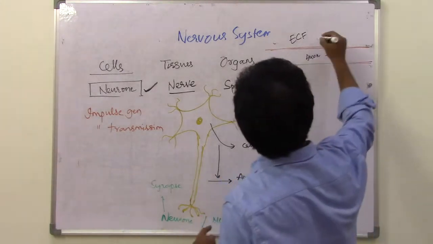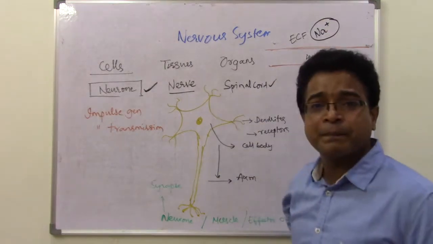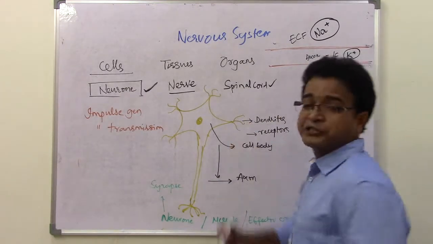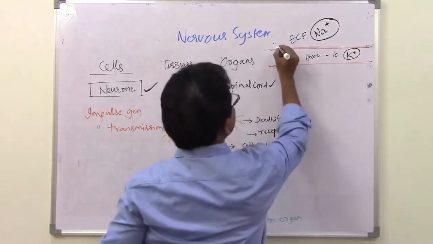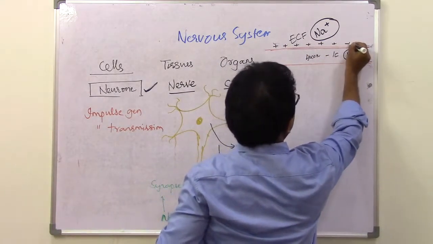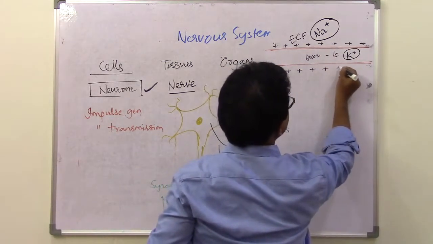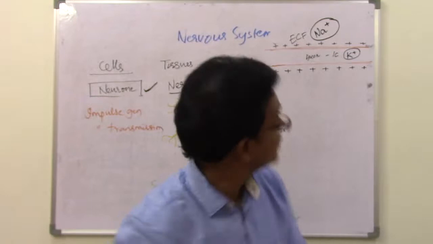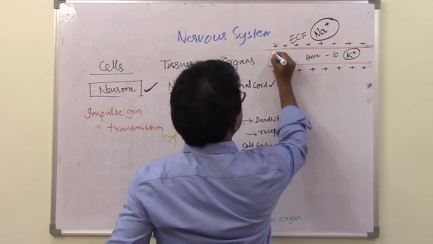Now the predominant cation in extracellular fluid is sodium, and in intracellular it is potassium. So usually the concentration of sodium is high on the outside, so it maintains a positive charge on the outside, and we have a negative charge inside the axon.